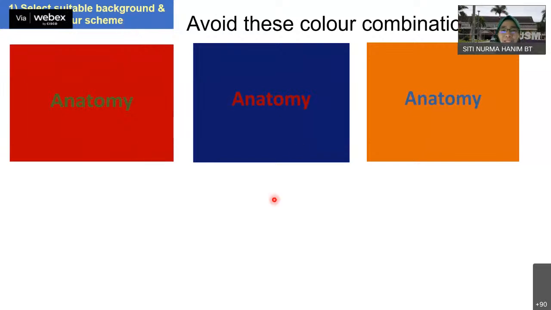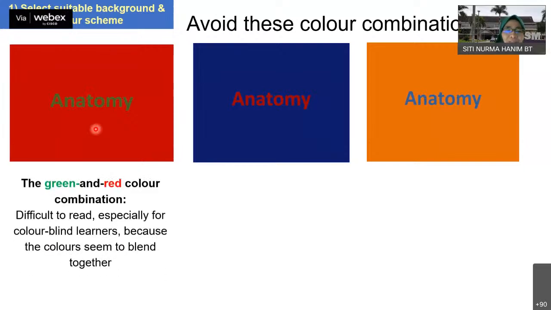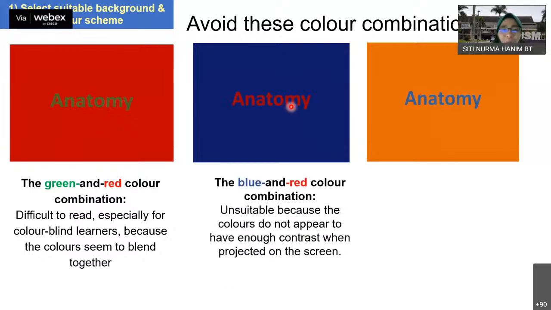So like this one, these are the color combinations to avoid. This is from research. Red and green are not suitable because, of course, these two colors blend into each other. Furthermore, if you have colorblind learners, they cannot read the words. And for blue and red, there is not enough contrast.